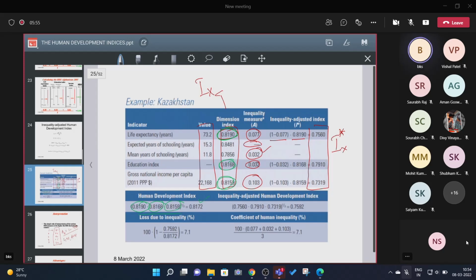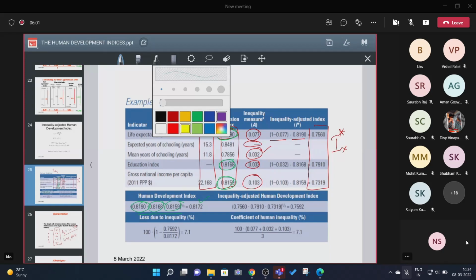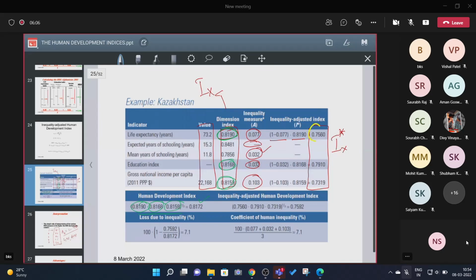And for the inequality adjusted human development index, you take the inequality adjusted health index, inequality adjusted education index, and inequality adjusted income index, and that gives you the inequality adjusted human development index.